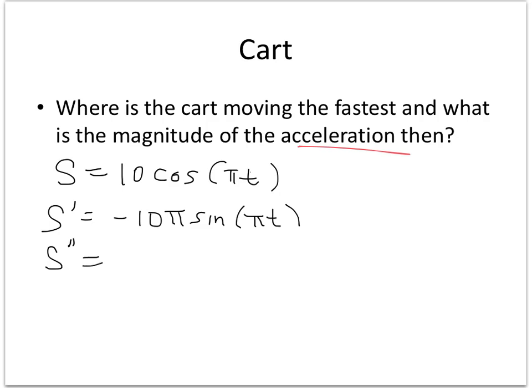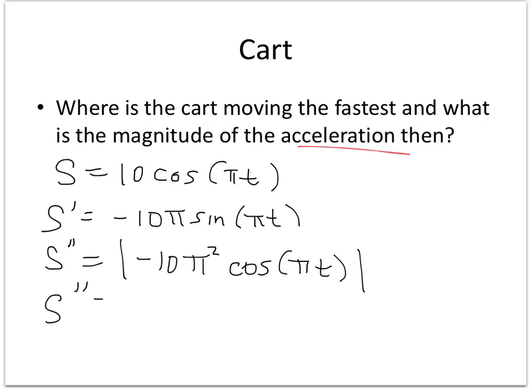I'm going to take the derivative again, which would be what? Negative 10 pi squared. Very good. Excellent. And again, my magnitude, I'm going to absolute value that. So I'm going to end up with this 10 pi squared and then cosine pi t.